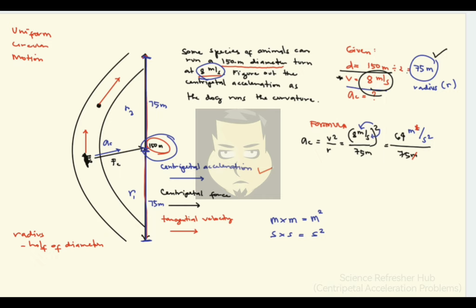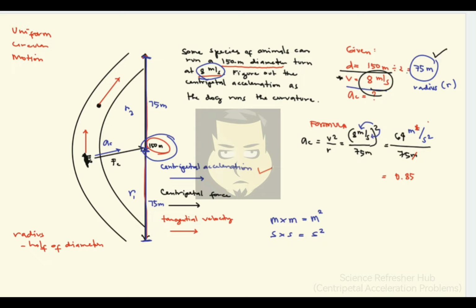And we will divide now. 64 divided by 75, the quotient or the answer is 0.85, and we have repeating threes along the way. So we can just keep two significant figures, 8 and 5.